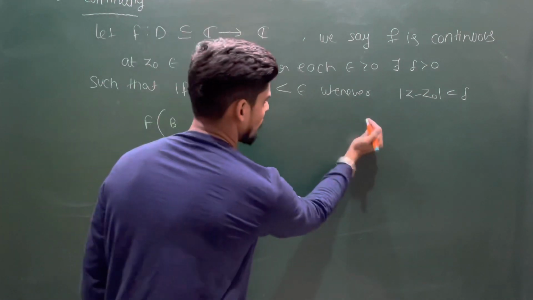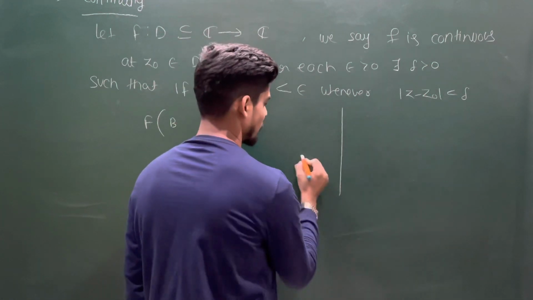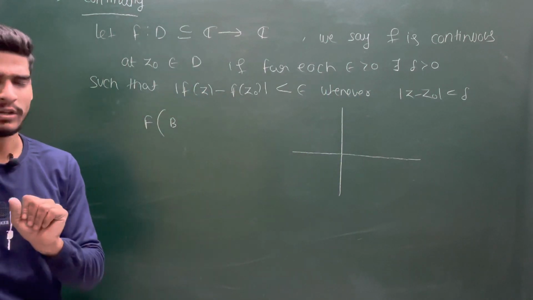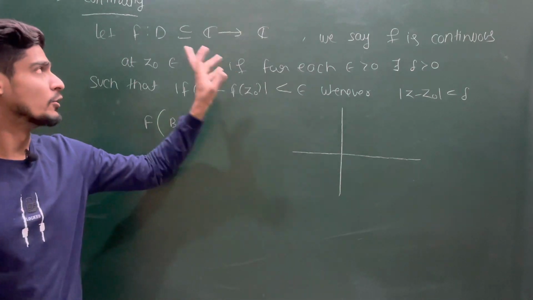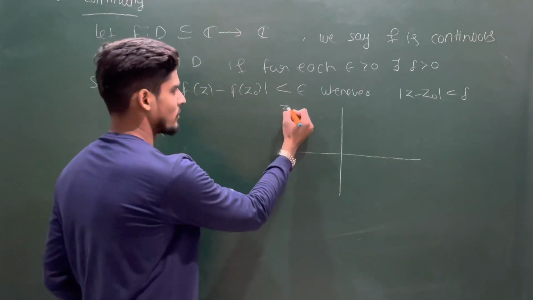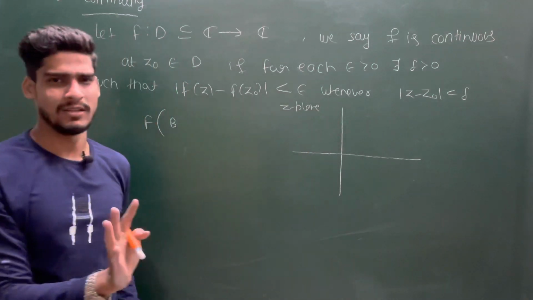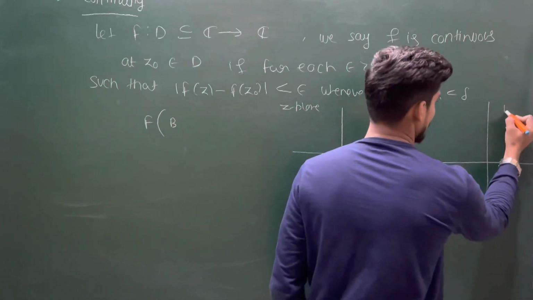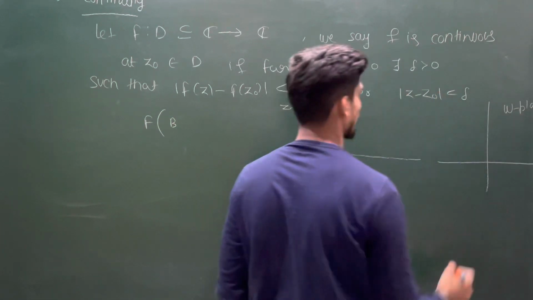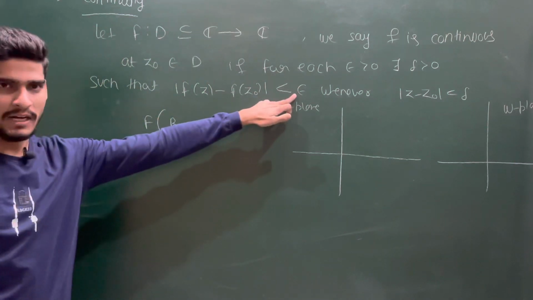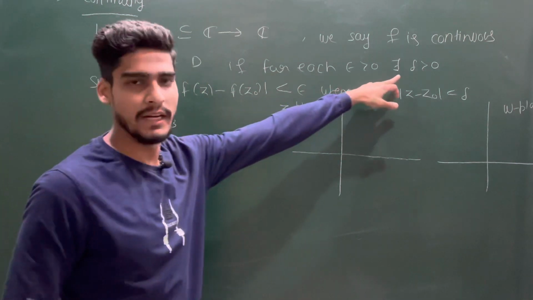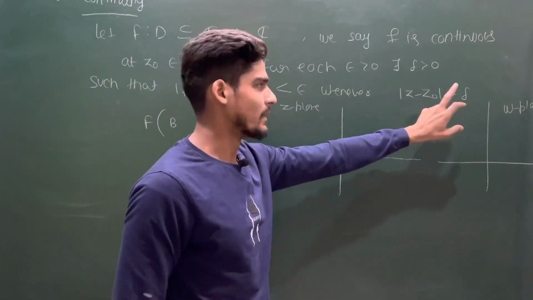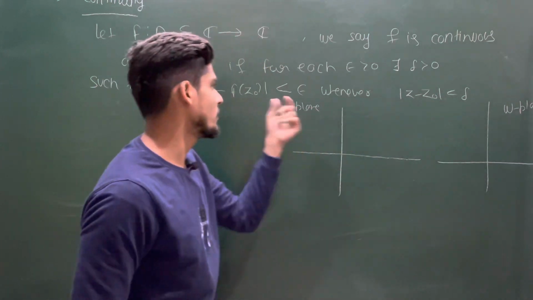Okay, let us try to observe in this manner. In the previous lectures, I just told you one wrong thing. This plane, that is the domain plane, I will assume as a Z plane. I told you this is a C plane. This is not. This is just a Z plane. And the codomain plane is generally known as the W plane. So for each epsilon positive, there should exist a delta positive such that whenever this property is happening, you are having this property.